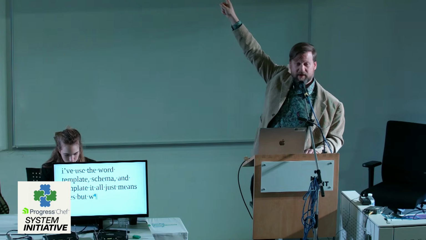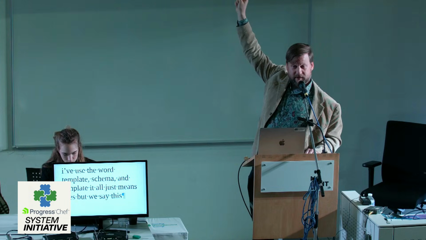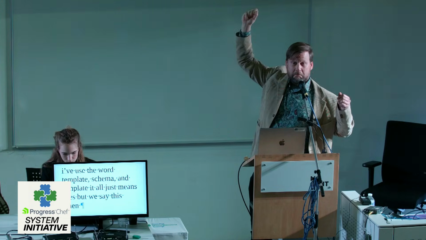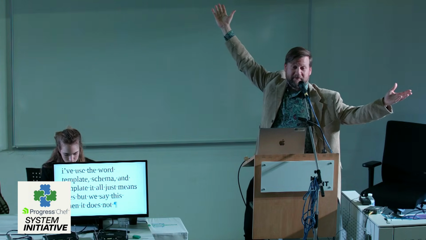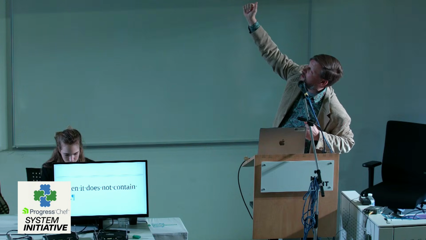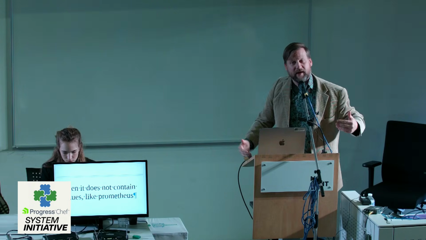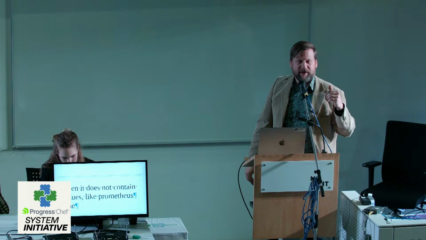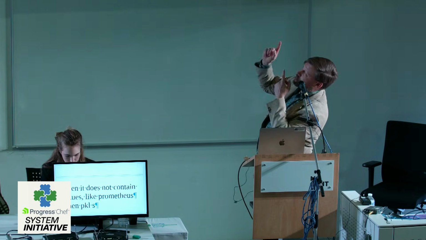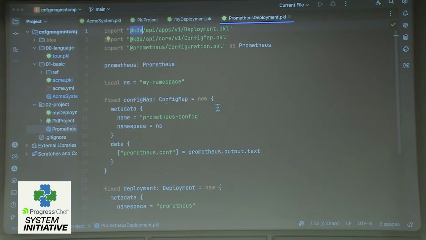It just says Prometheus must be an instance of Prometheus. Who knows, right? So this we call a schema because it is incomplete. So when Pickle screams at you saying, hey, you were supposed to give me a region and you didn't, that's because you're operating on a schema. If you amend a schema, you can then add that information, add that value. So let's try and do that.